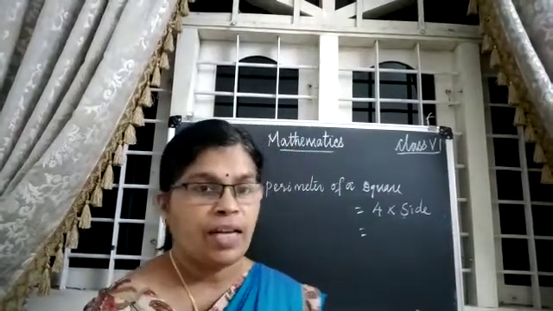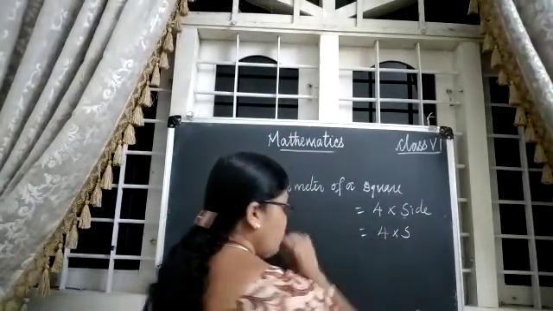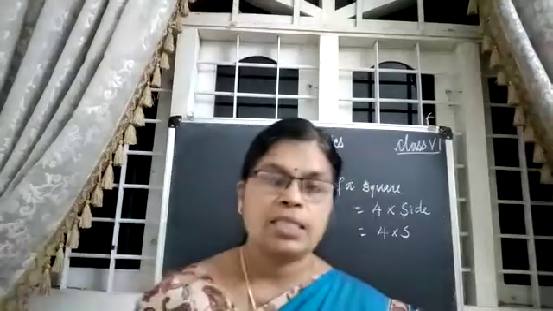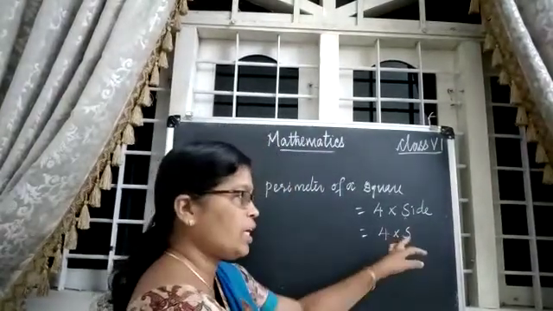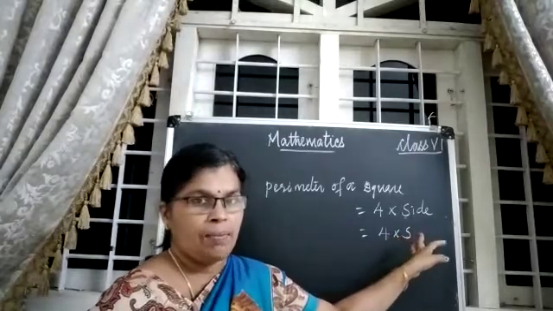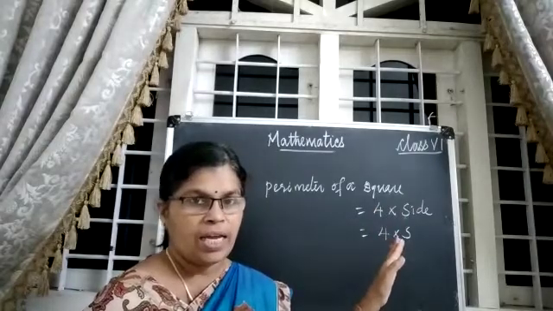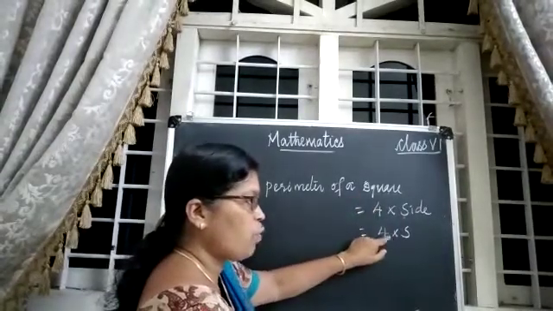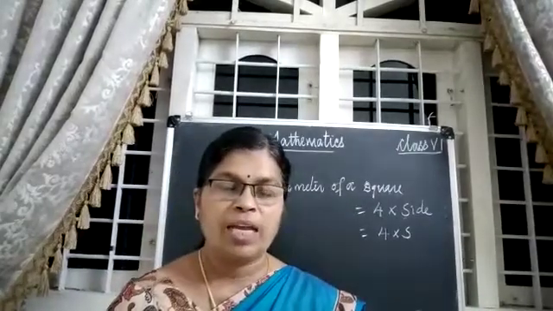Instead of that, we can write 4 into S. What is the meaning of S? S is the side of the square, right? So instead of that, you can write only one variable, the first letter of side, that is S. So what is this 4 into S? It is an algebraic expression.